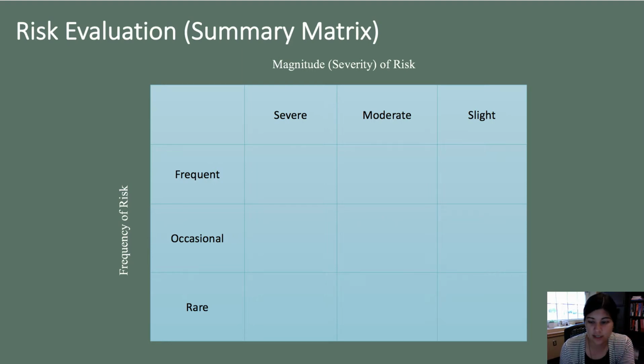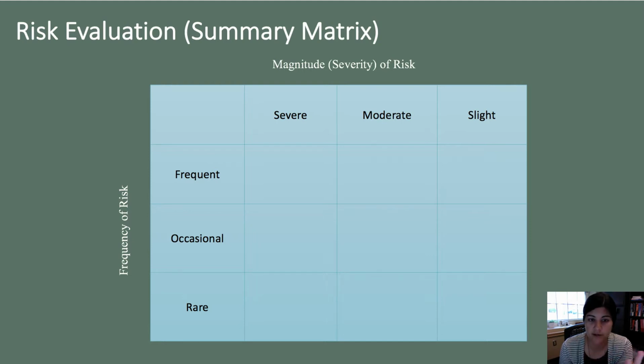So this chart is something that you would utilize after you have ranked frequency and severity of risk. And then once you've done that, you simply plug these risks into the chart. And once you have several risks there, you can start from that top left-hand corner and work your way down to the far lower right-hand corner.